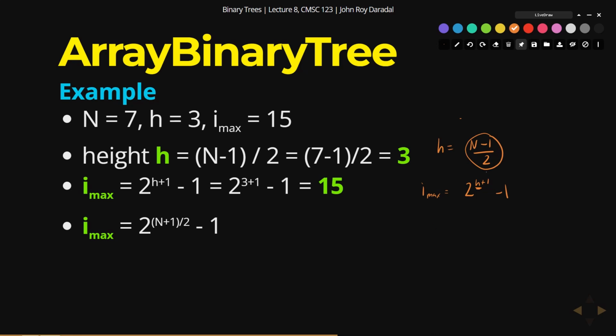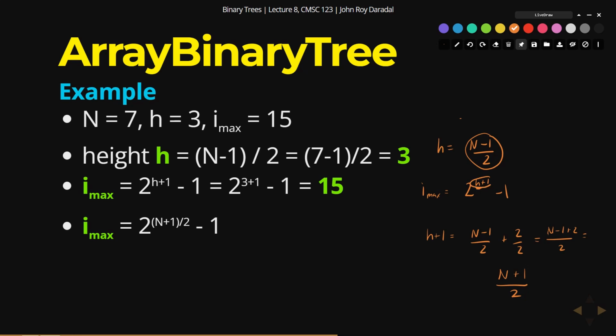So h plus 1 becomes n minus 1 over 2, and then plus 1, so we could have 2 over 2, right? So that we could combine the numerator terms. So n minus 1 plus 2 all over 2. So n minus 1 plus 2 would be n plus 1, because 2 minus 1 is 1. This would be n plus 1 over 2.